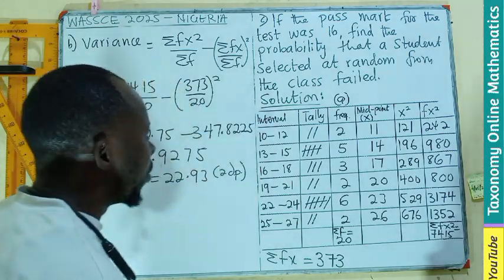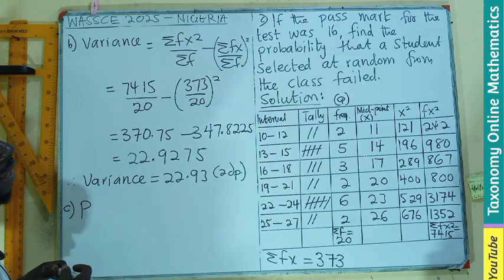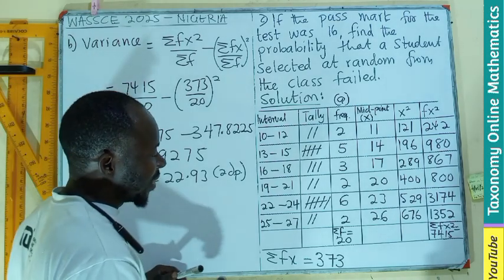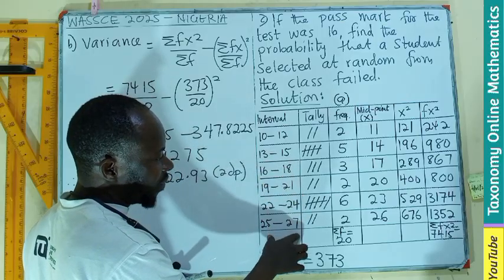Now here, we are looking for the probability that students selected at random fail if the pass mark is 16. So where is the 16? 16, 17, 18, these people all have passed.